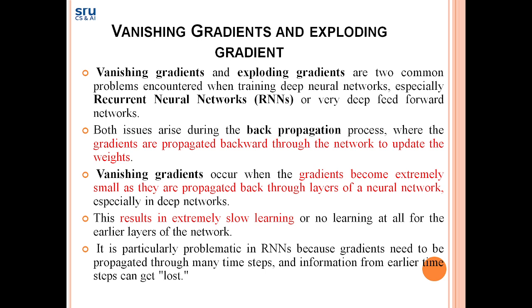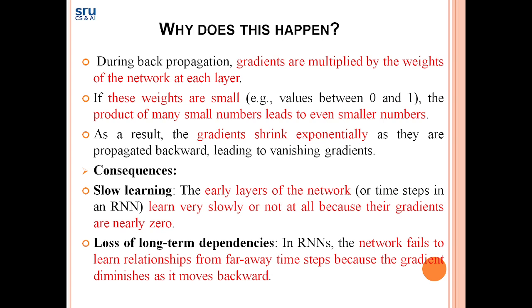So this is one of the major problems in recurrent neural networks, because here gradients need to be propagated through many time steps and information from earlier time steps can get lost. Why does this happen?